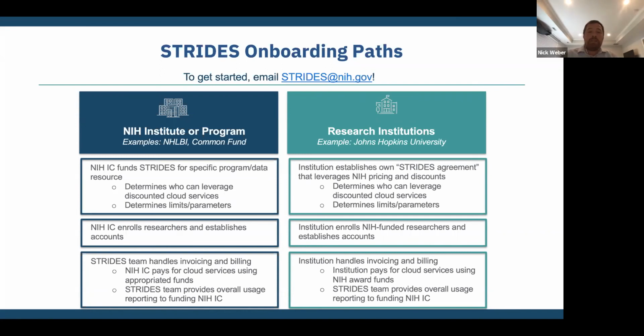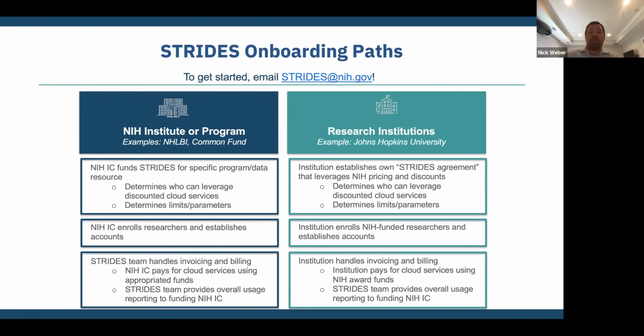Essentially, a business agreement is set up that says, all right, Hopkins is going to be working with AWS or with Google. They're going to cite the terms of our STRIDES agreement that include the discounts and the other things that are part of the program. And then once that relationship is established, it's a payment relationship, then any NIH funded researcher at Johns Hopkins can take advantage of the program.